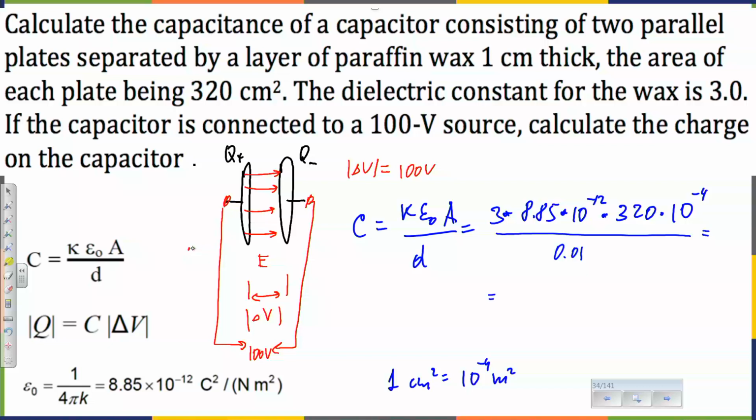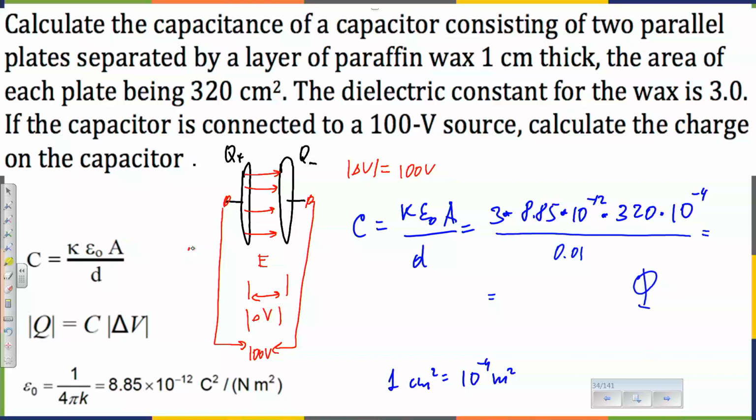So now we need to calculate this number. If you work out the units very carefully, you will get a meter, which is weird, which is why we don't call a unit of capacitance meters, we call it farads.